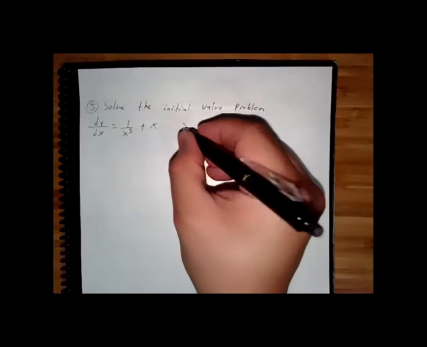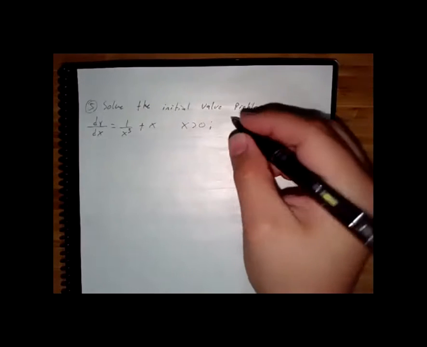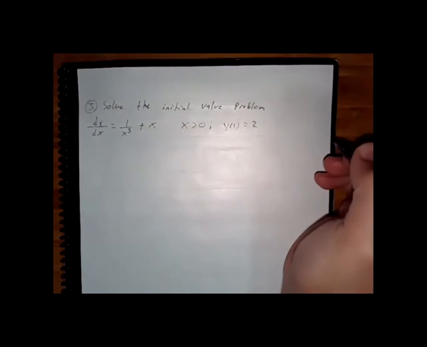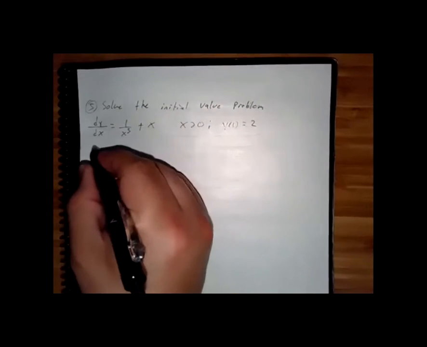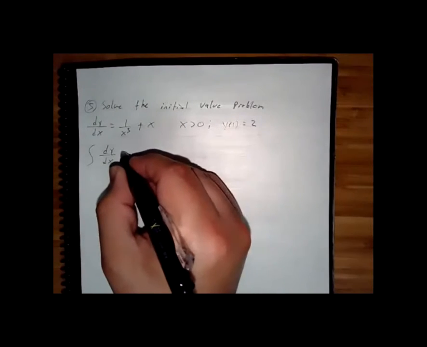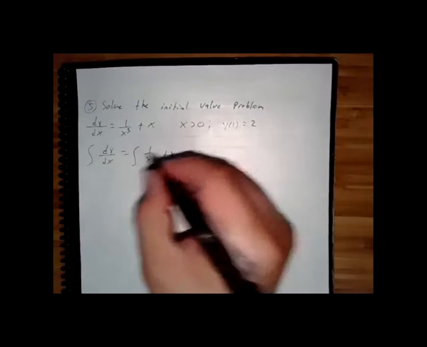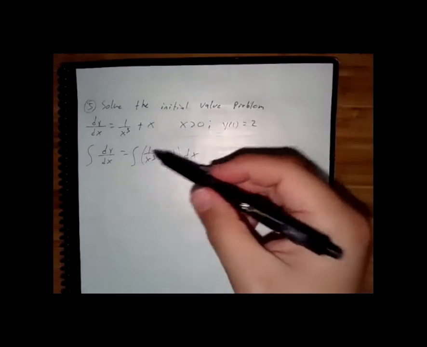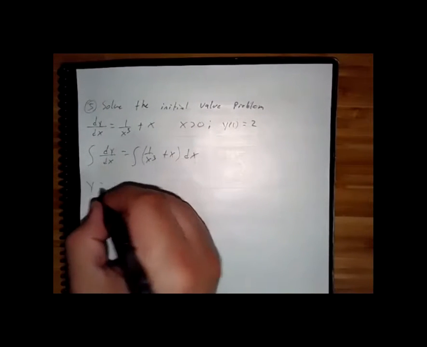And they say that x is greater than 0 and y of 1 is our initial condition, gives us 2. So what you got to do basically is integrate dy/dx, which means integrate this function with respect to x. So we're going to solve this guy, because that would give us y. So y is equal to that result.